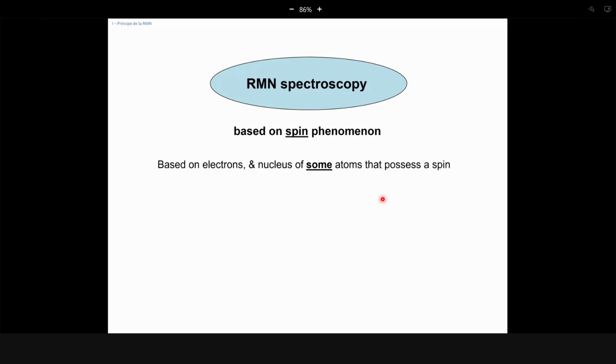This spin phenomenon is based on the electrons and the nucleus, but NMR will be related to only some atoms, because not all atoms have a spin number. For NMR spectroscopy, we will be able to observe only atoms with a spin number.